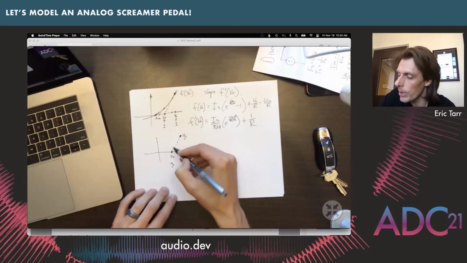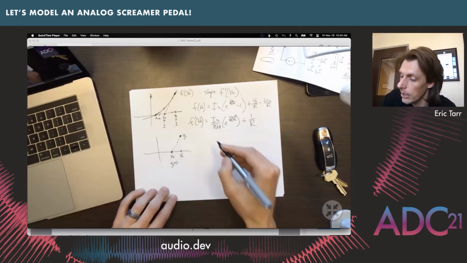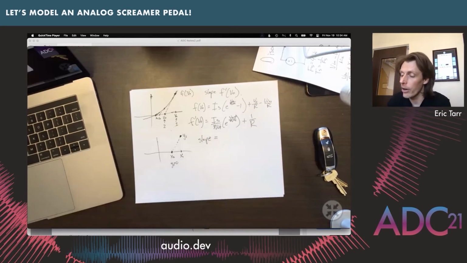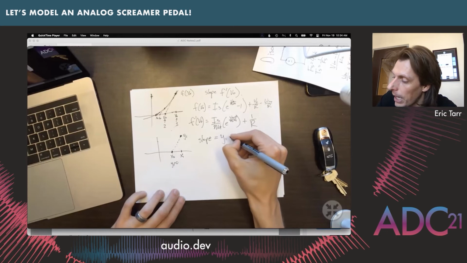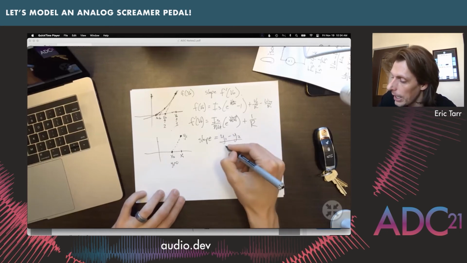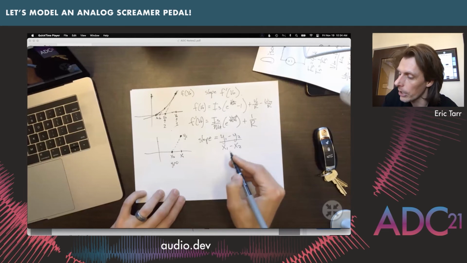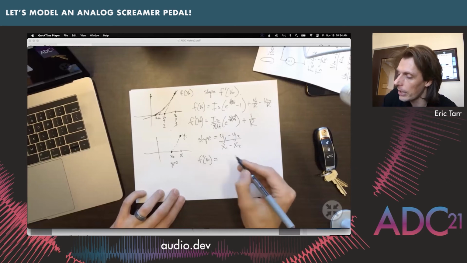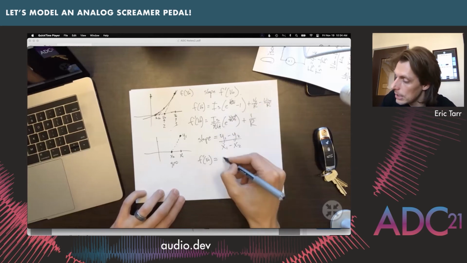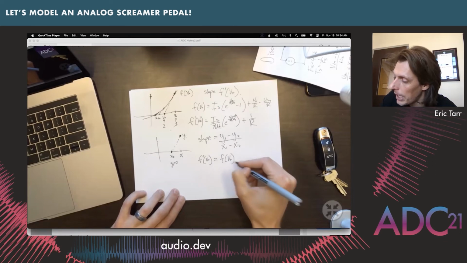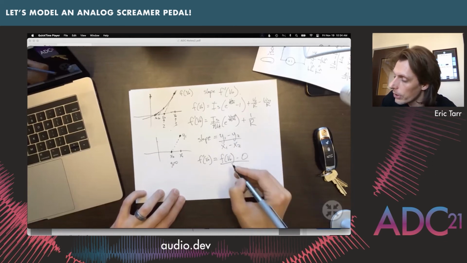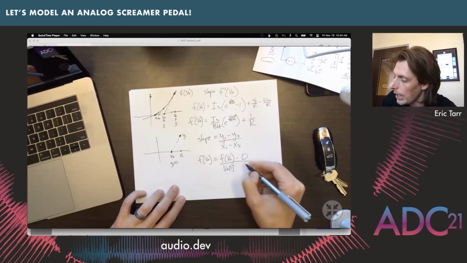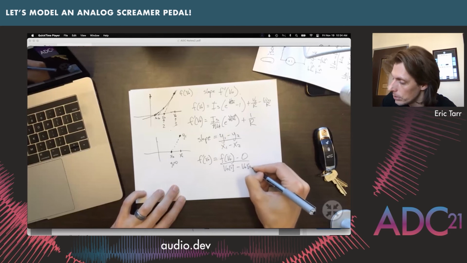So if we have these things in place, our slope here is equal to the change in y over the change in x. So y1 minus y2 over x1 minus x2. Okay, our slope, this is actually known. This is this value, the derivative of V out, and we have y1, which is this F of V out, minus 0, over x1, that's our initial guess, V out for guess 1, minus V out for guess 2.